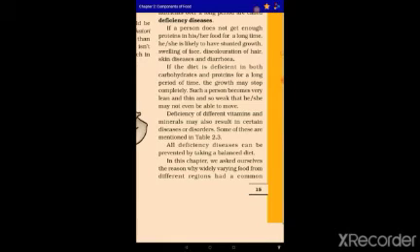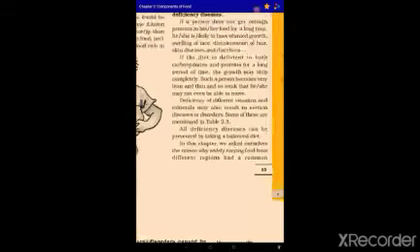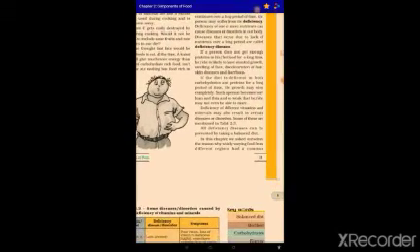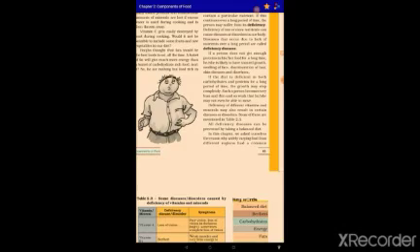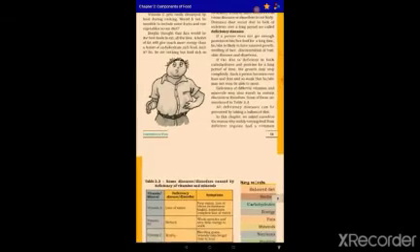Such a person becomes very lean and thin and so weak that she may not be able to move. Deficiency of different vitamins and minerals may also result in certain diseases or disorders. Some of these are mentioned in table 1.3.